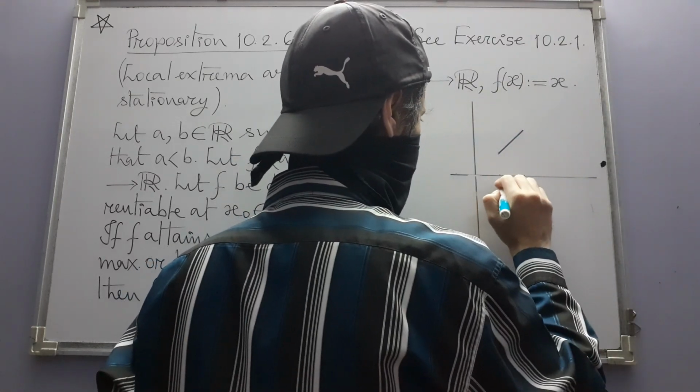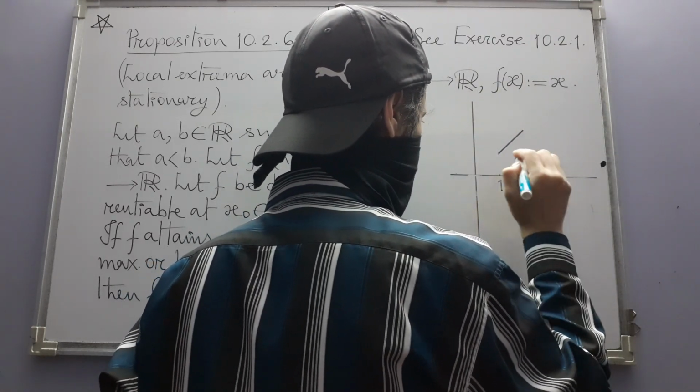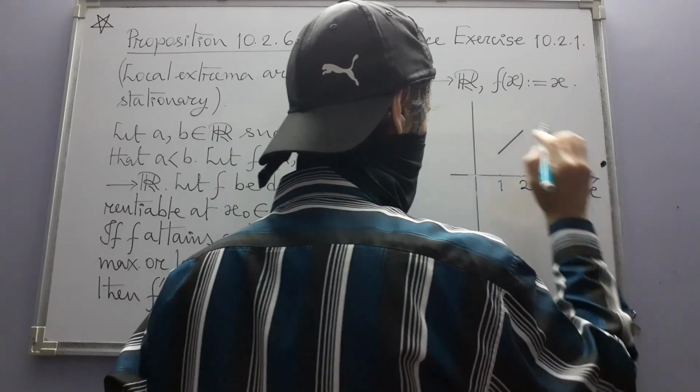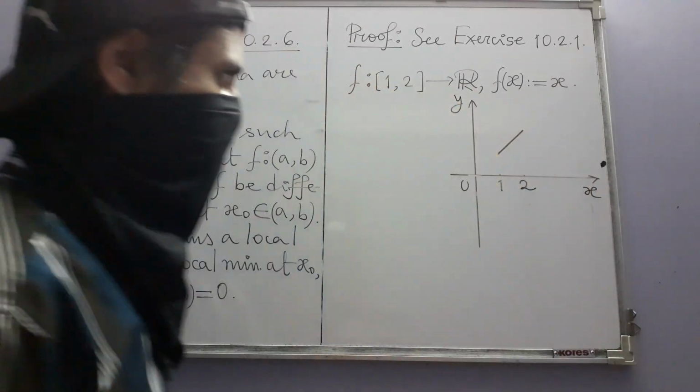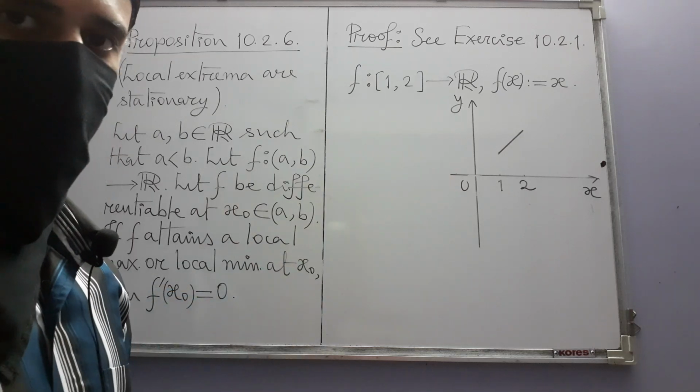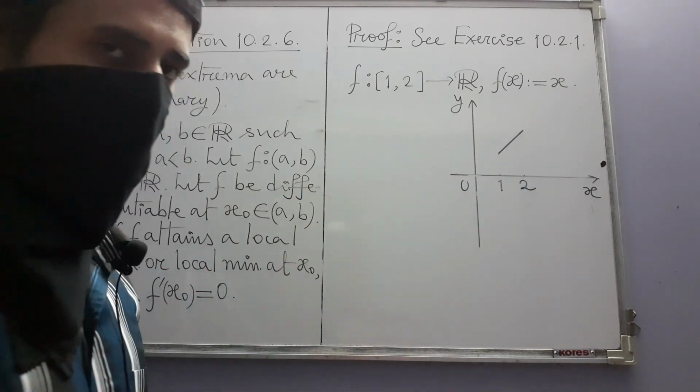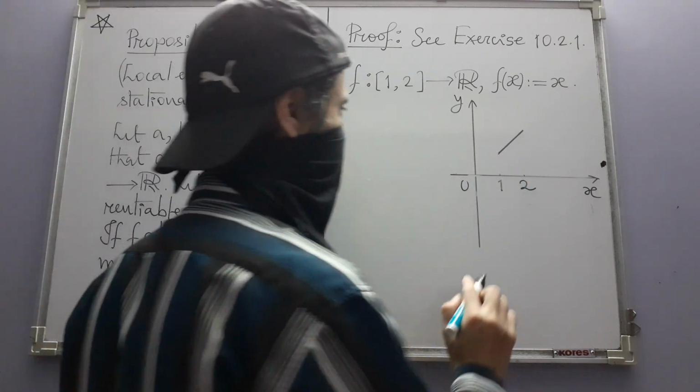So this is our 1, this is 2, and the graph is that line segment with both of its endpoints included in the graph.